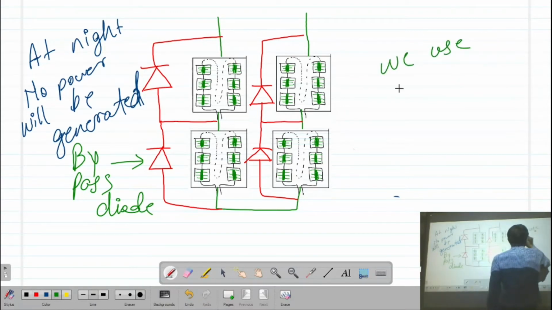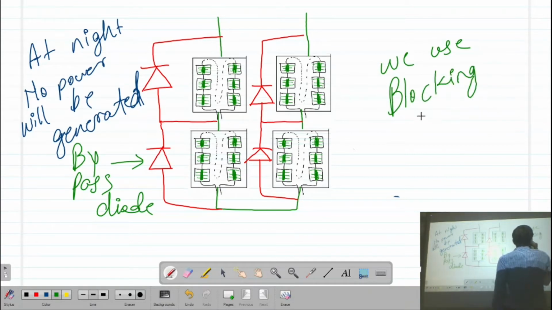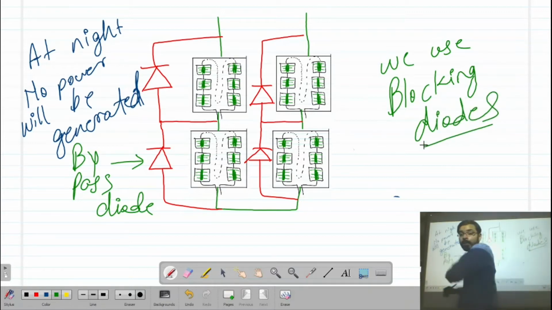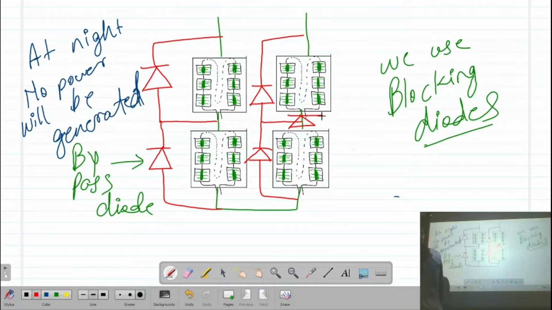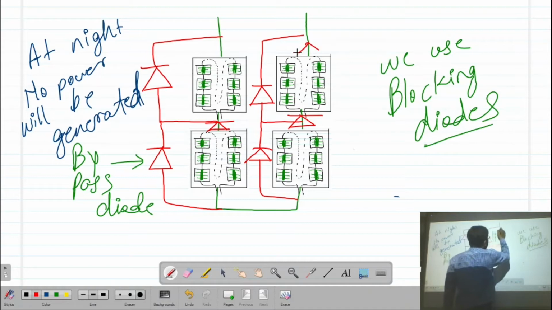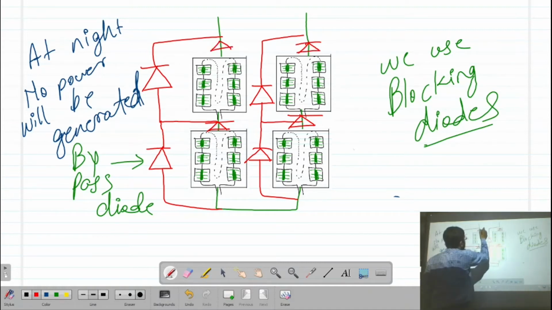The blocking diode will be connected in between two modules, something like this, at this position.